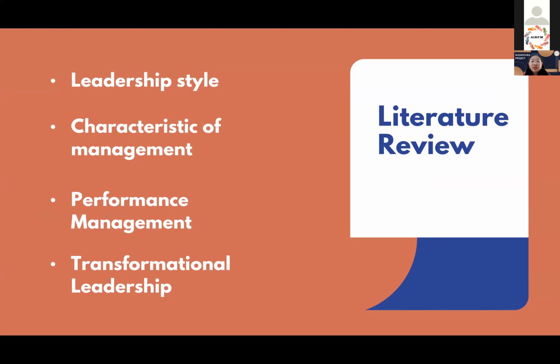Basically this is a conceptual paper, so they highlighted four areas. One is leadership style. After that, the characteristics of management, performance management, and they zoom down specifically to transformational leadership.